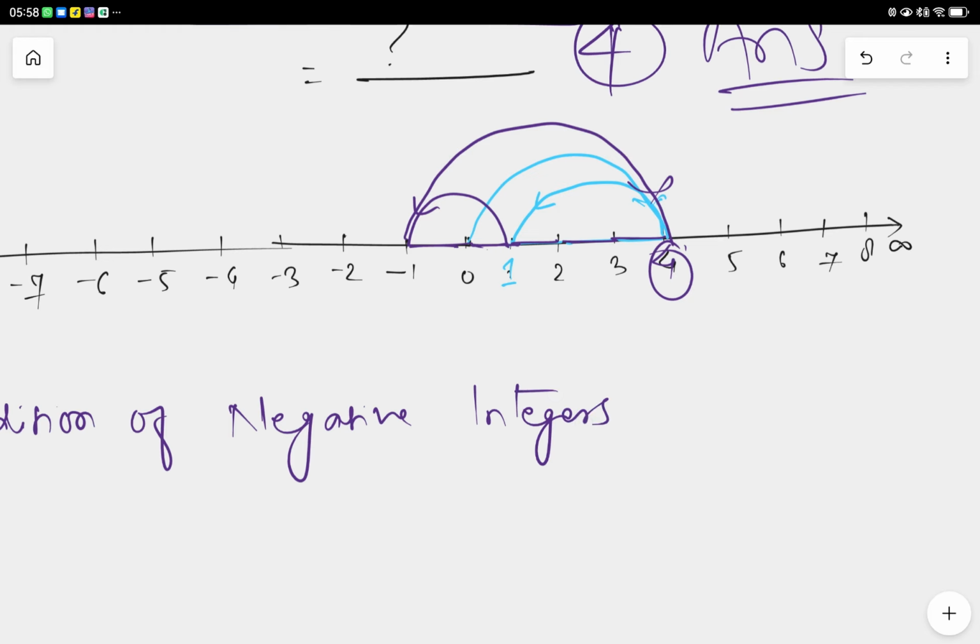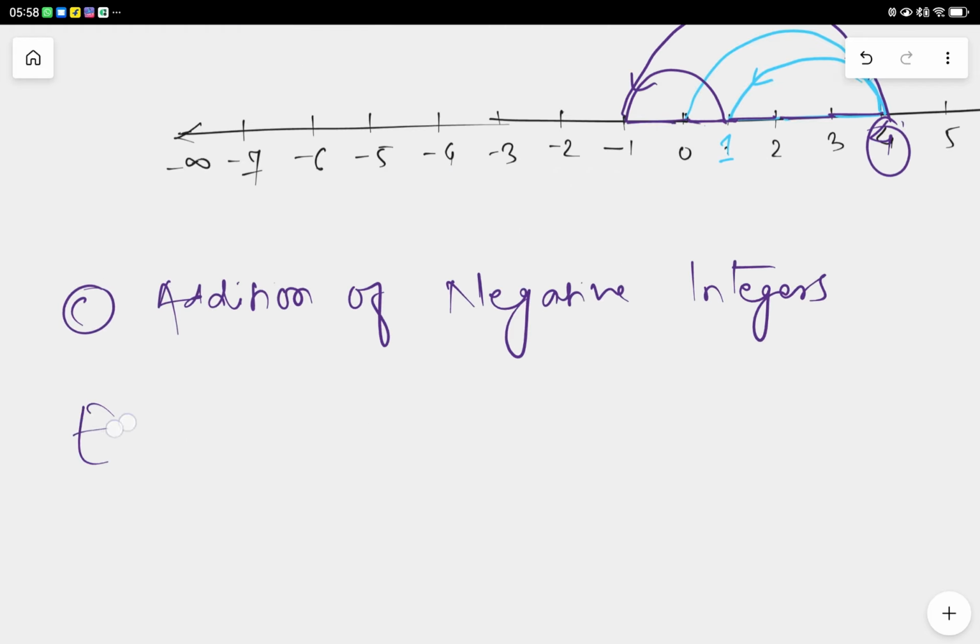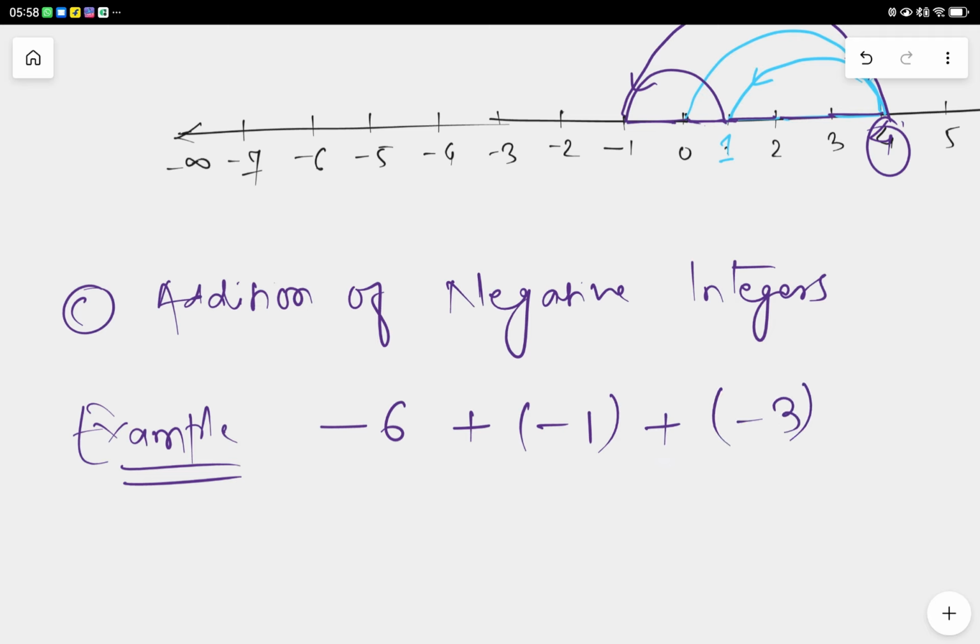That means in this example, all the numbers that we will be adding will be negative integers. So -6 plus -1 plus -3. If you see, all the three integers that we are adding are negative integers.